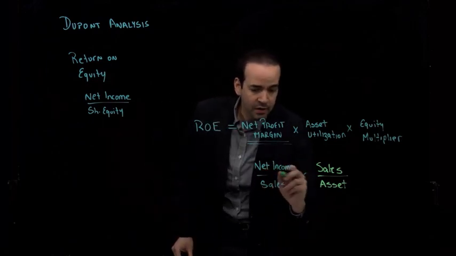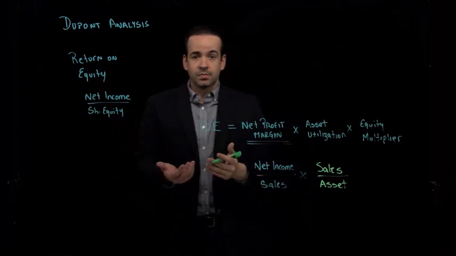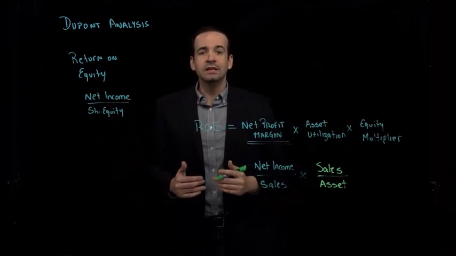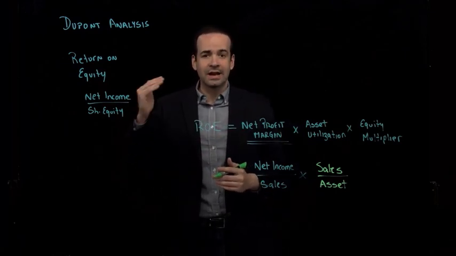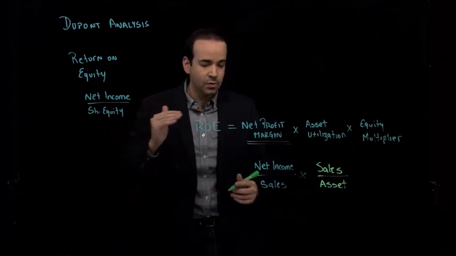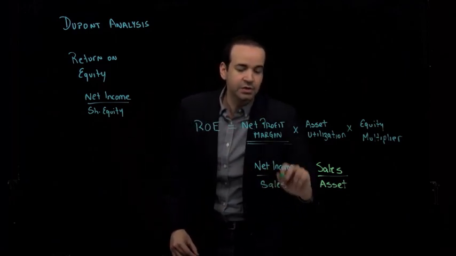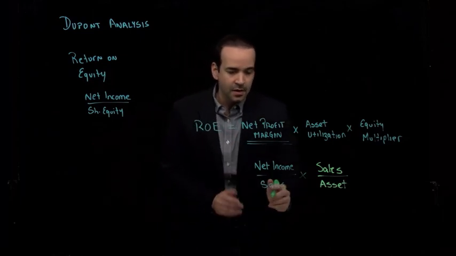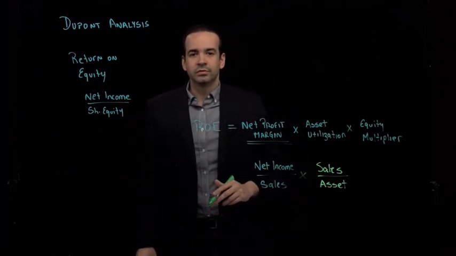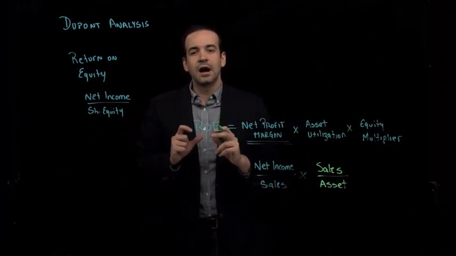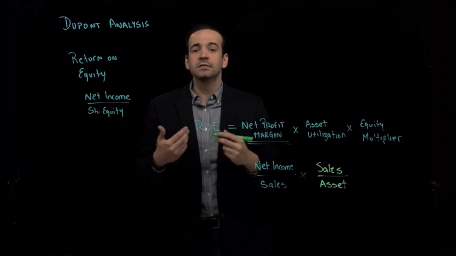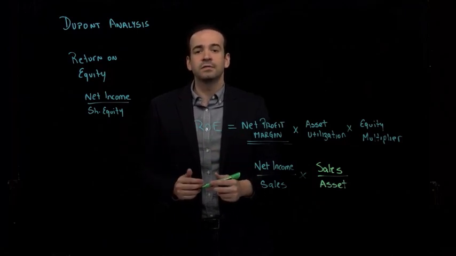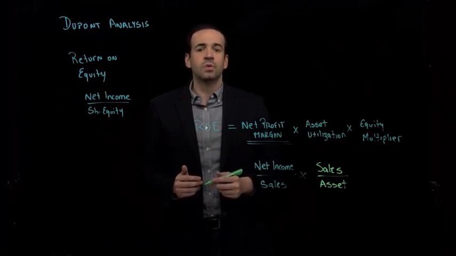Net income is the profit that the company attains after reducing the costs and expenses, and we are dividing each dollar of net income by each dollar of sales, right? We have this ratio of how much profit the company is getting from each dollar of revenues that they are able to attain.